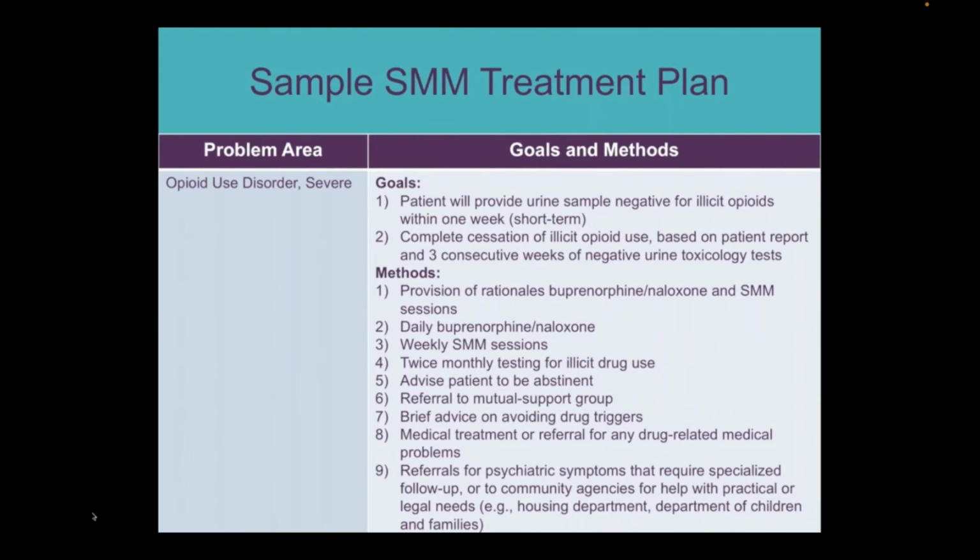And 2, a complete cessation of illicit opioid use based on patient report, and 3 consecutive weeks of negative urine toxicology tests. Those are the ultimate goals, but the methods are really more important at the initial session. And what this treatment plan lists is the bullet point list that we had before for the initial session.